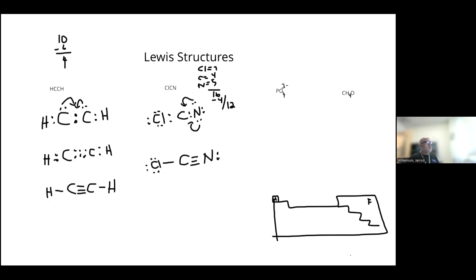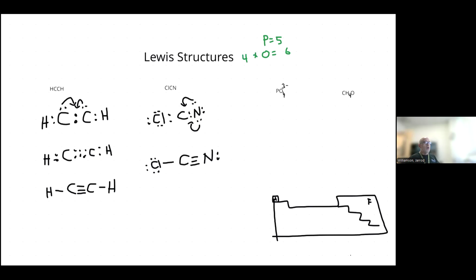I'm going to clean this up a little bit, just to get rid of some of the clutter. Now, I'm going to change colors because I feel like it. Phosphorus has 5 valence electrons. Oxygen has 6, but I have 4 oxygens.